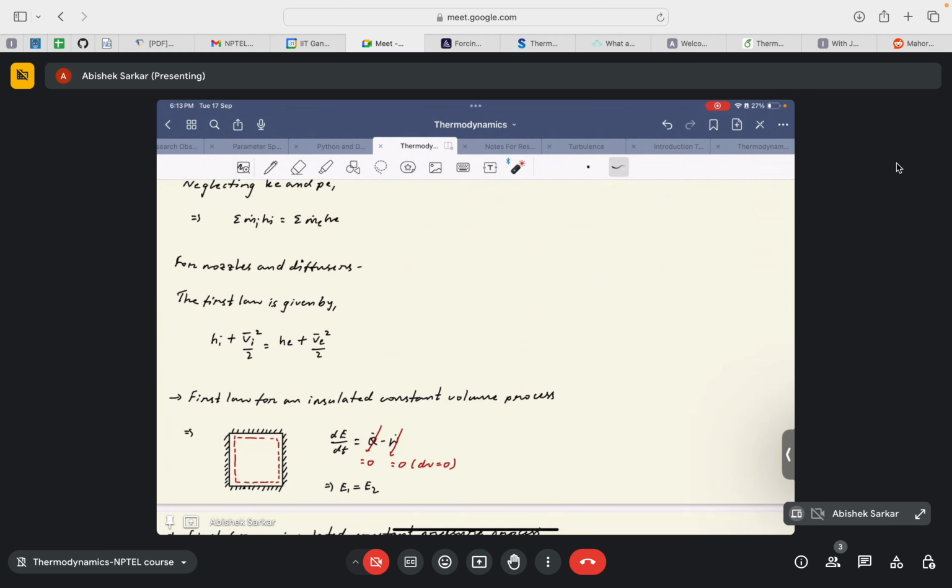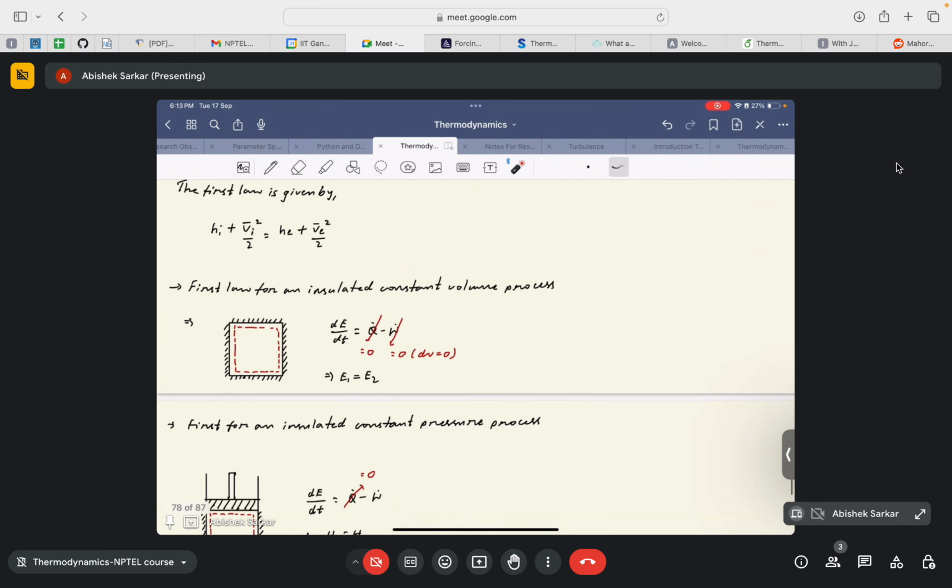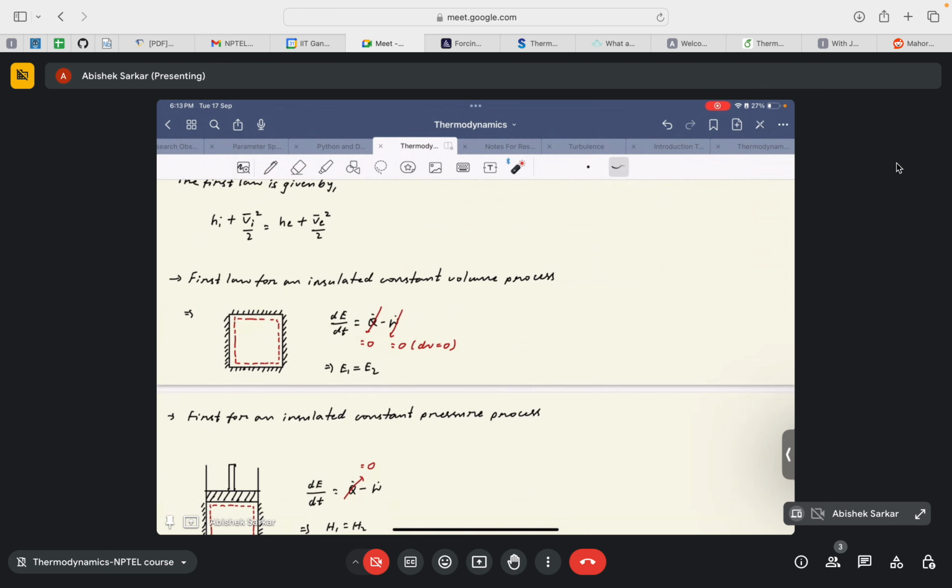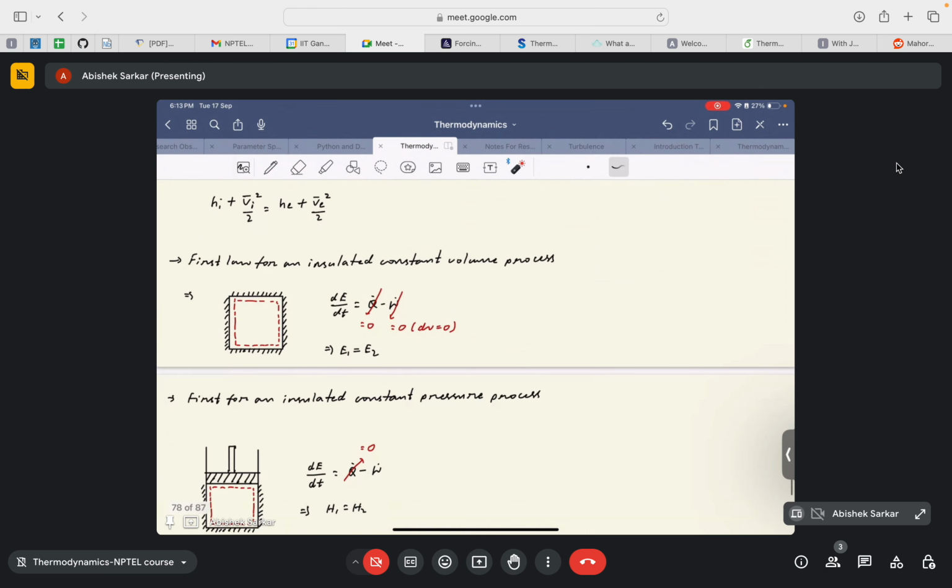Similarly, in the case of nozzles and diffusers, the steady flow energy equation reduces to h_i plus v_i square by 2 is equal to h_e plus v_e square by 2, where v_i and v_e are the inlet and the exit velocities. Now, if we consider the first law for an insulated constant volume process, the net heat interaction is 0 because the system is insulated.